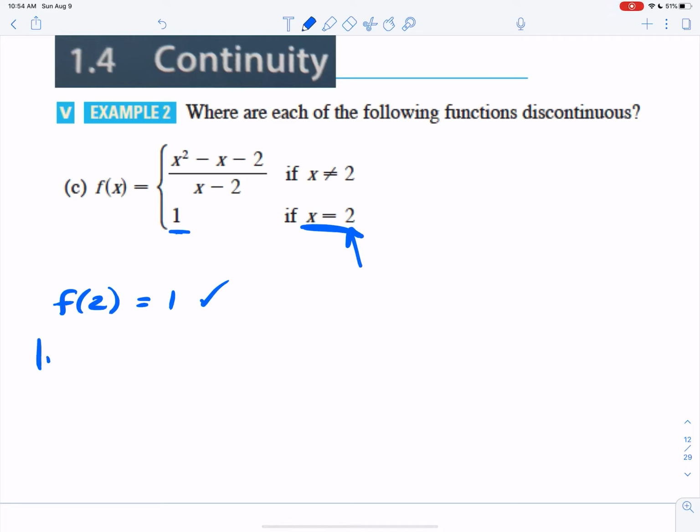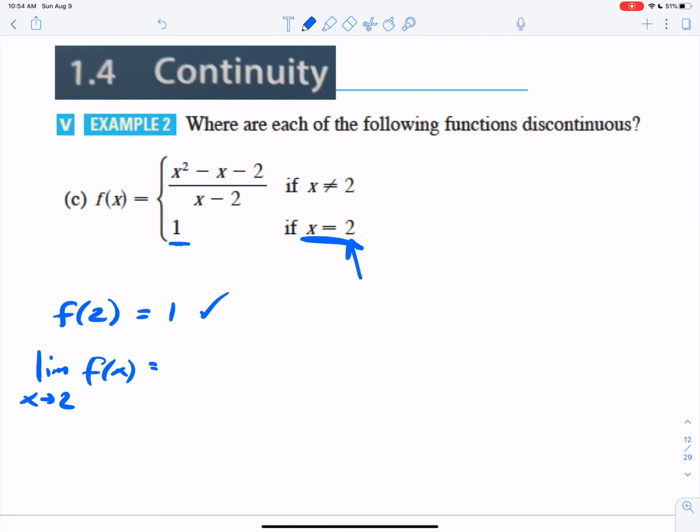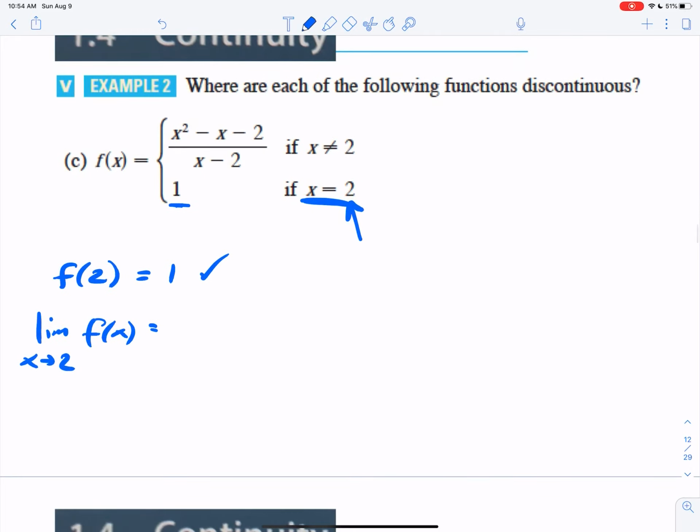So now we have to check the second test, which is, does the limit as x approaches 2 exist? Okay? So if we're dealing with the limit, when we're getting arbitrarily close, we should deal with the first function, because we don't want to deal with what happens when x is exactly 2, okay?